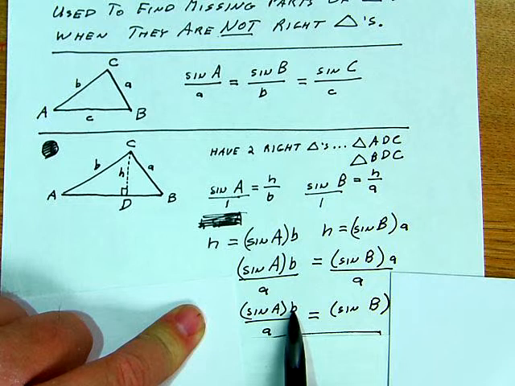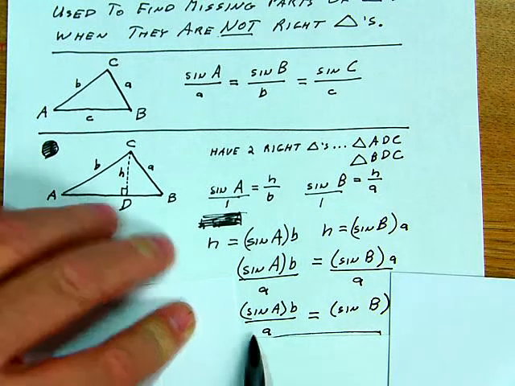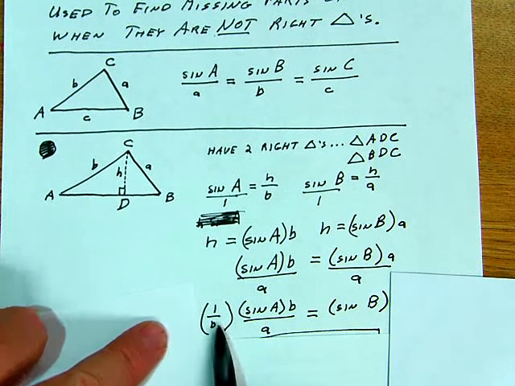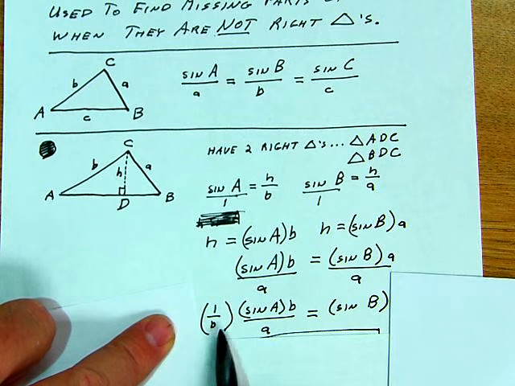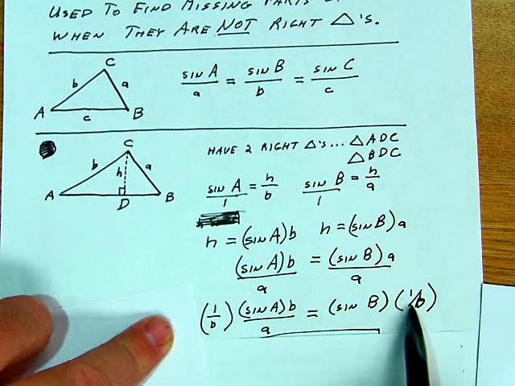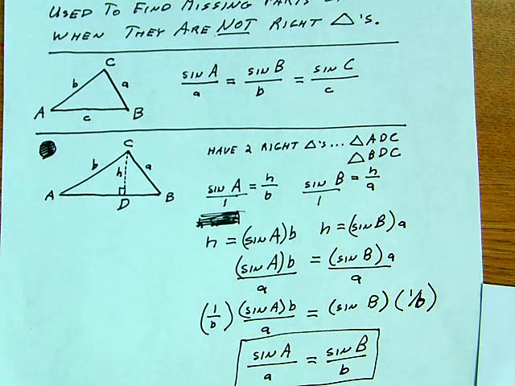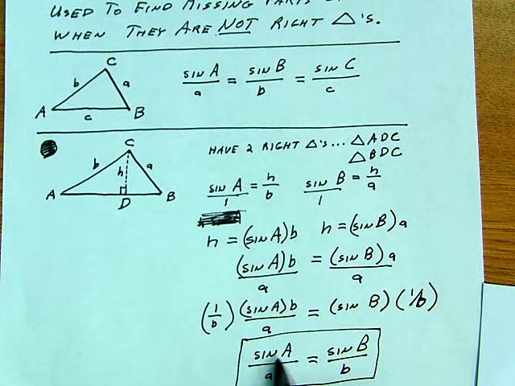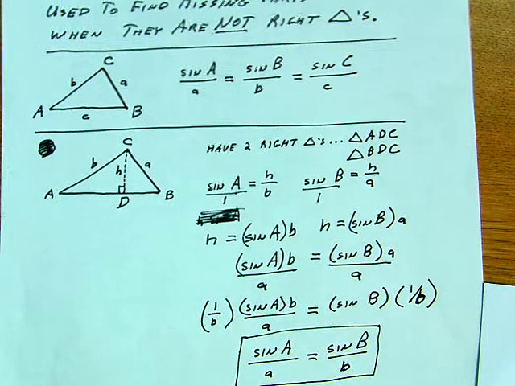Well, now I want to get rid of that. I want to put the b onto this side. I do that by multiplying both sides of the equation by 1 over b. So there's that multiplication, and there's 1 over b on this side. And when I finally do that multiplication, I end up with the sine of A over a is equal to the sine of B over b.